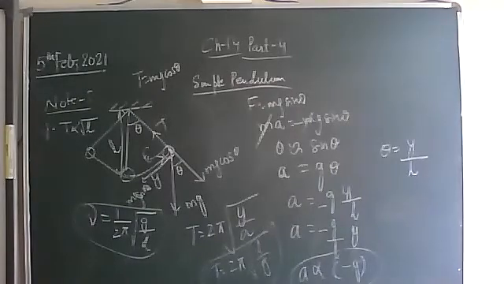Suppose it's a pendulum clock. If the length of the pendulum is increased, the clock will run faster or slower? Length of the pendulum clock is increased. Time period, we say that it will increase.